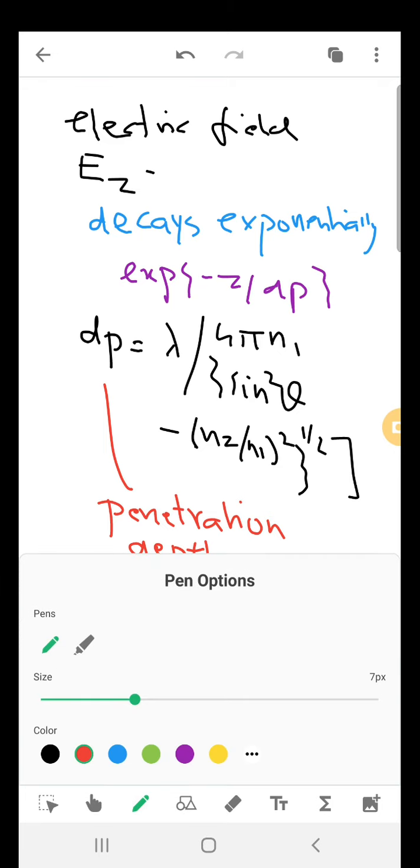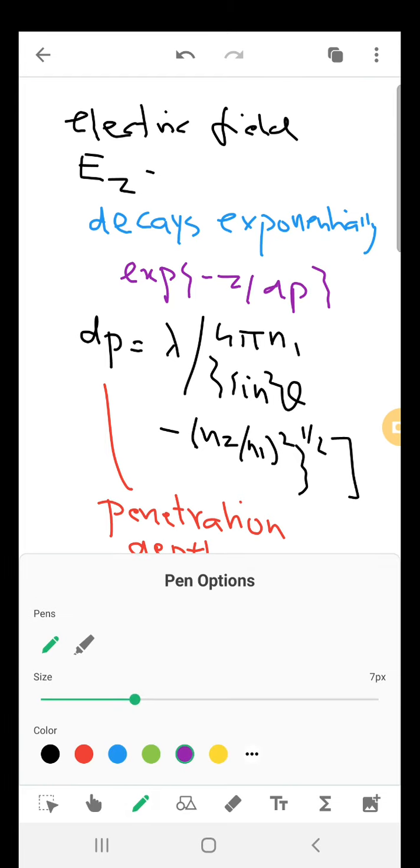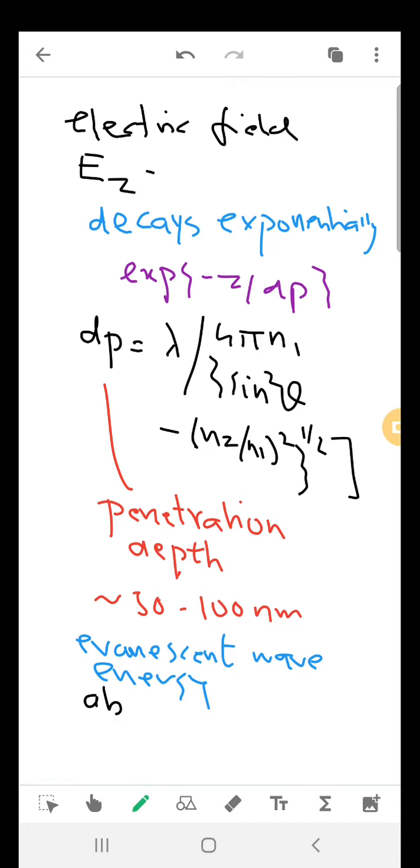So evanescent wave energy can be absorbed by a fluorophore to give fluorescence emission.